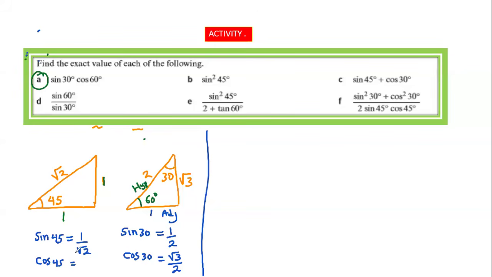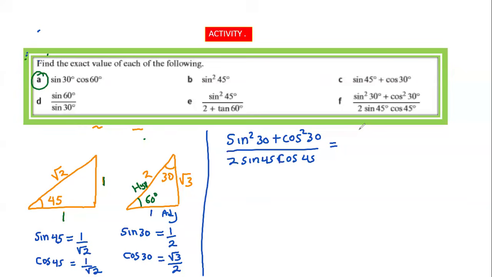Cos is adjacent over hypotenuse, so our adjacent is 1 and our hypotenuse is root 2. So the 2 has to multiply these two brackets, so you can put a very big bracket on them, showing that the 2 multiplies the product of the two brackets.